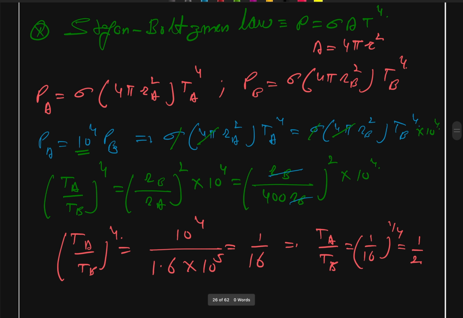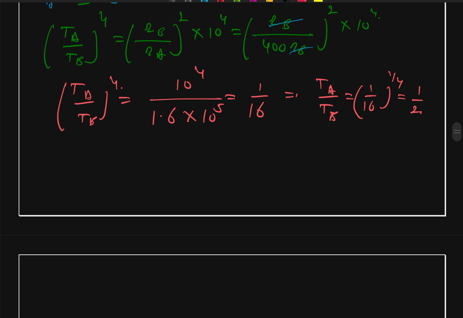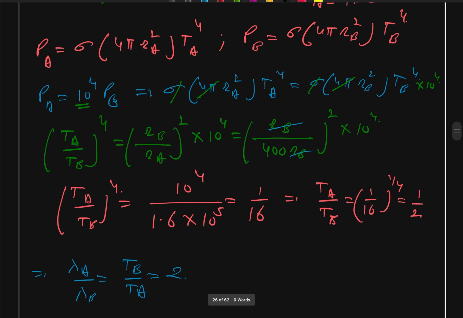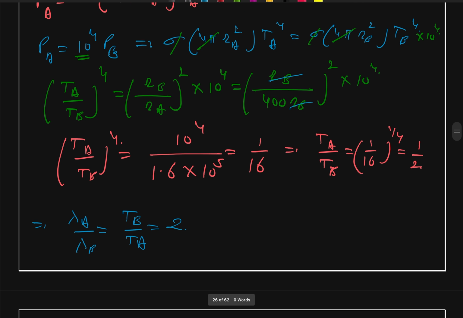So we get lambda A upon lambda B is equal to Tb upon Ta, which gives us 2. So we are supposed to find the ratio, and the ratio is 2.